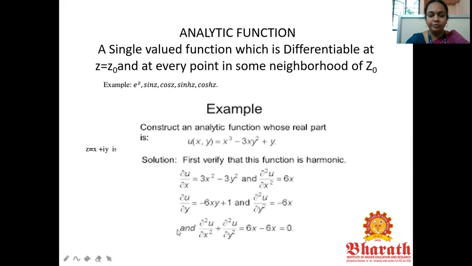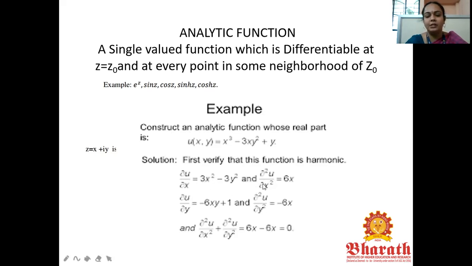First of all, we have to verify whether the function is harmonic or not. Harmonic means the second derivative with respect to x plus the second derivative with respect to y, the sum of the two, becomes 0. So first we differentiate u with respect to x. It becomes 3x square minus 3y square.